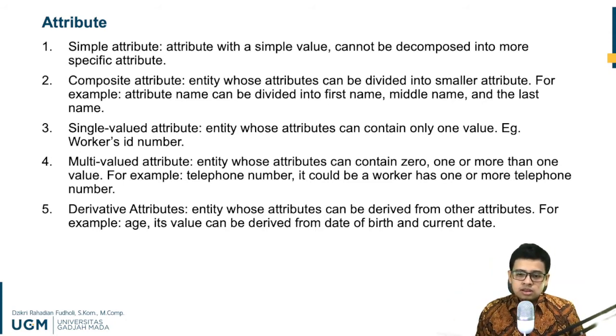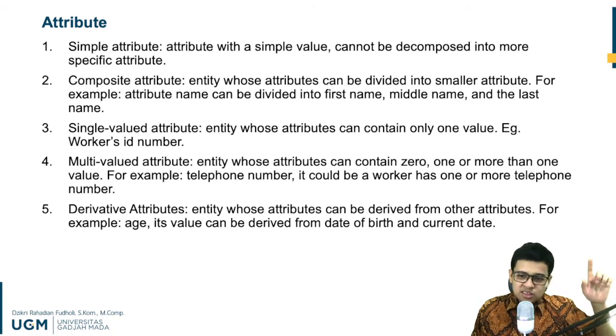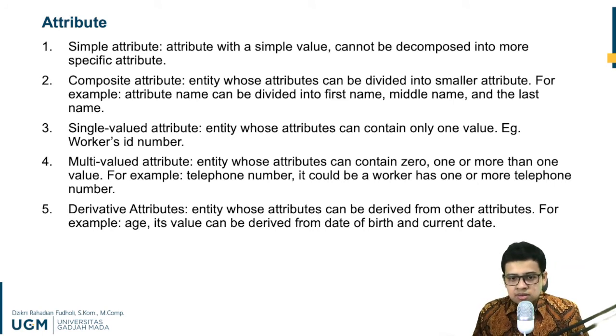So if we build a system and the system does not ask for the age but asks for the date of birth instead, we still can get the age of that person by using a derivation calculation, not the complicated kind in calculus, but a simple one by subtracting the date of birth from the current date, and then we can get the age. So that is the fifth attribute type we're going to talk about in this video.